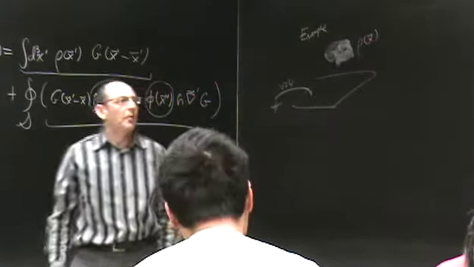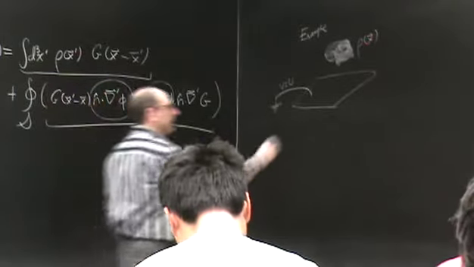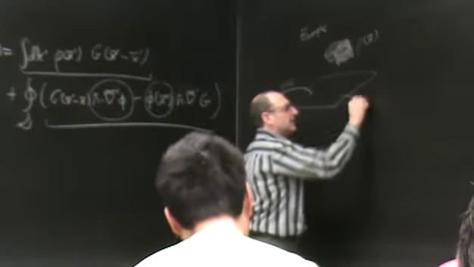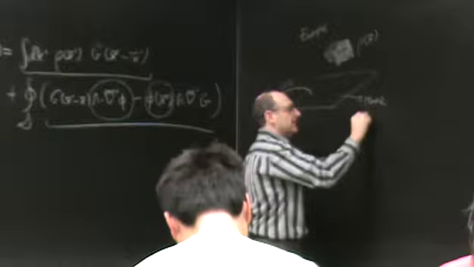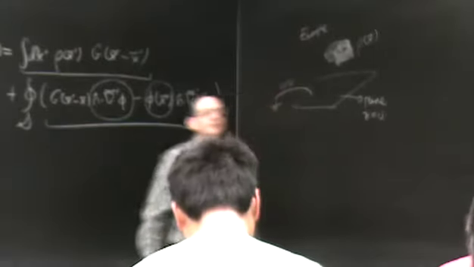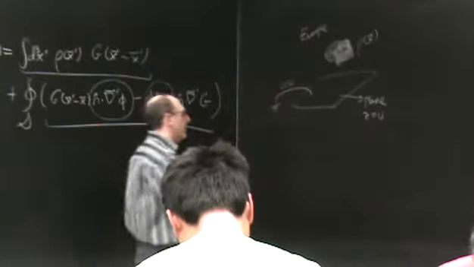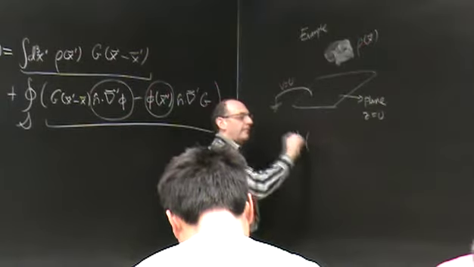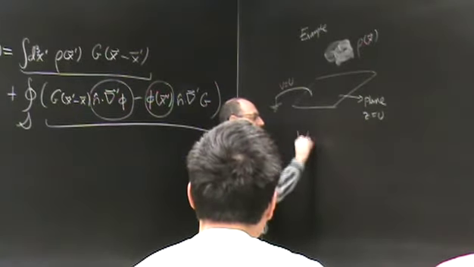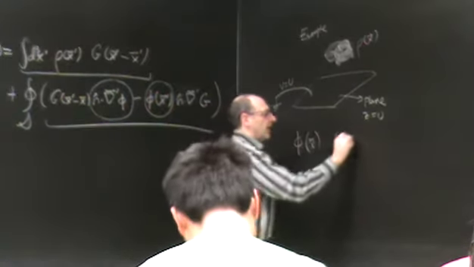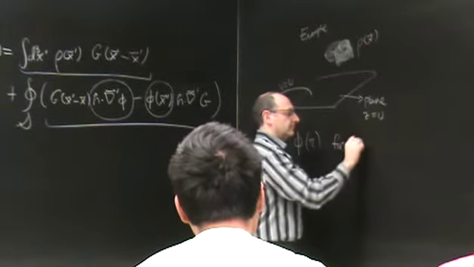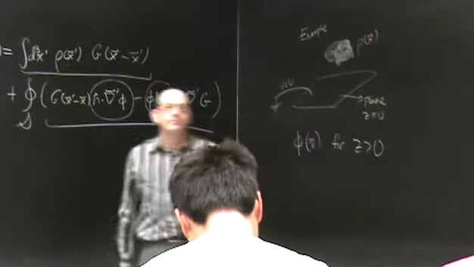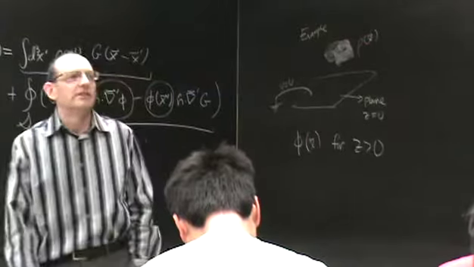Okay? And let's say this is the plane z equals 0, and I want to specify the potential everywhere above the plane. Okay? How would you do it?